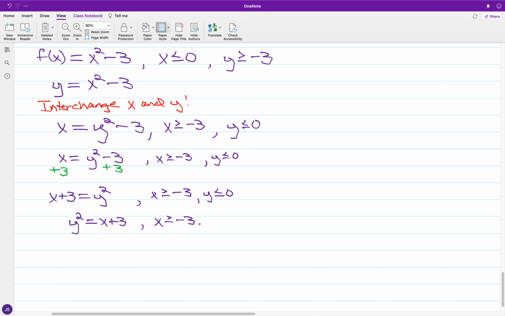I'm going from y squared to y, and that's going to be equal to plus or minus the square root of x plus 3.